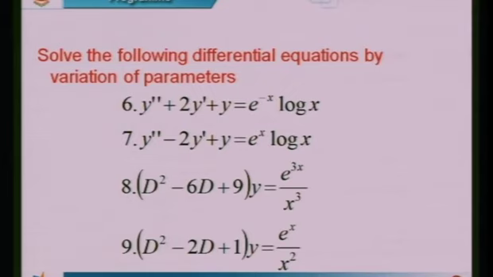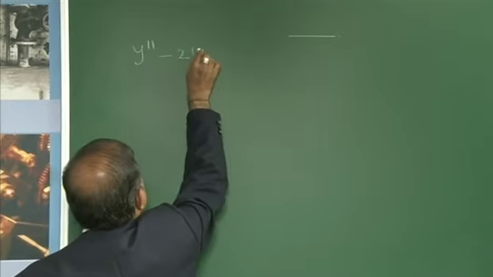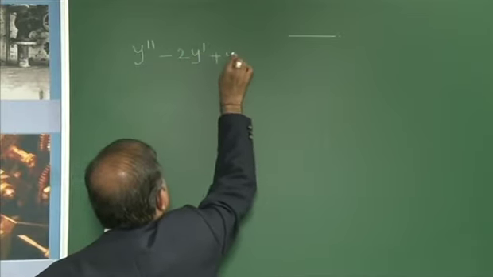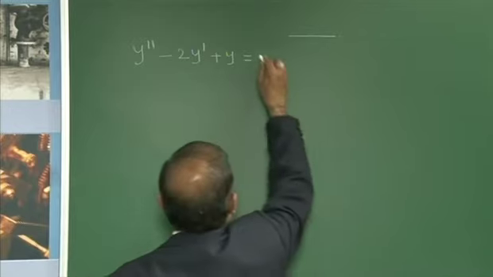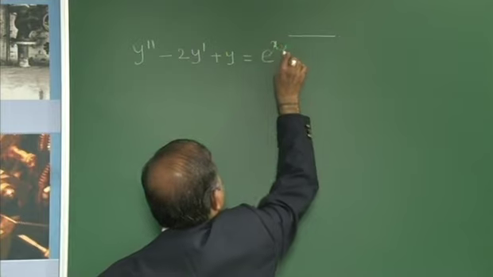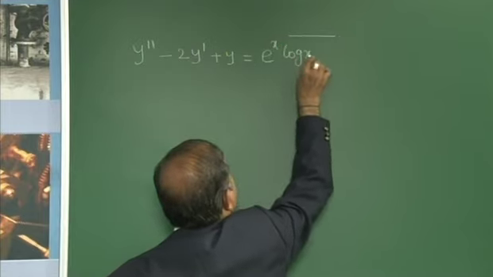So what is the equation? y double dash minus 2y dash plus y is equal to e power x into log x, e power x log x.